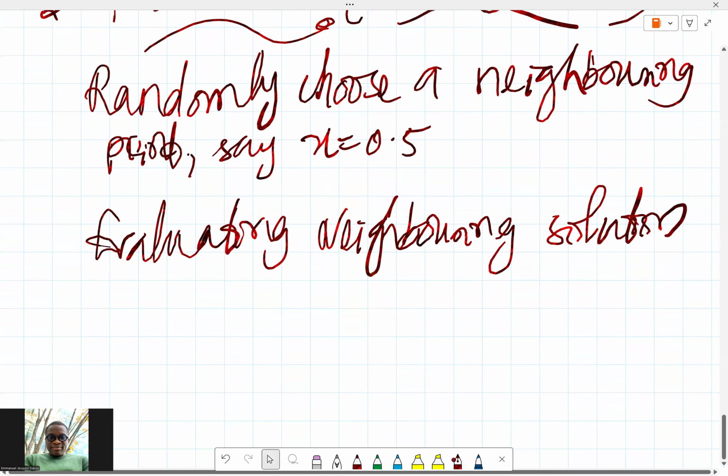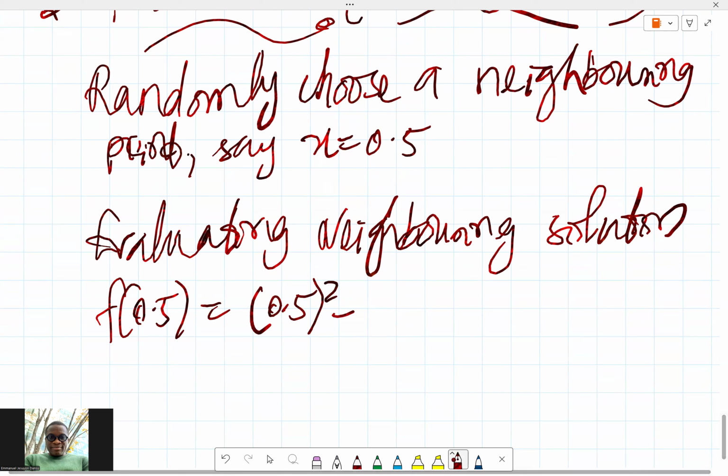We have f of 0.5 equals 0.5 squared minus 4 into 0.5 plus 4.